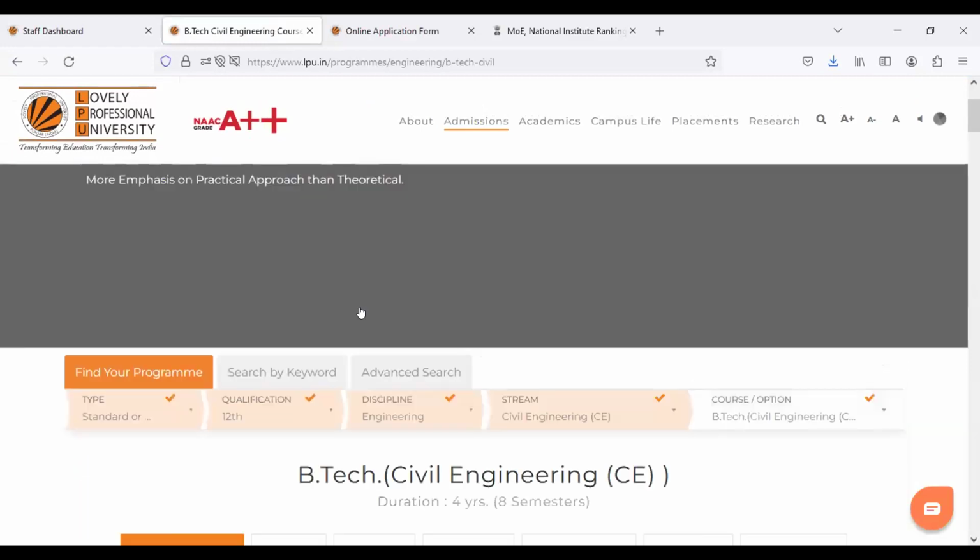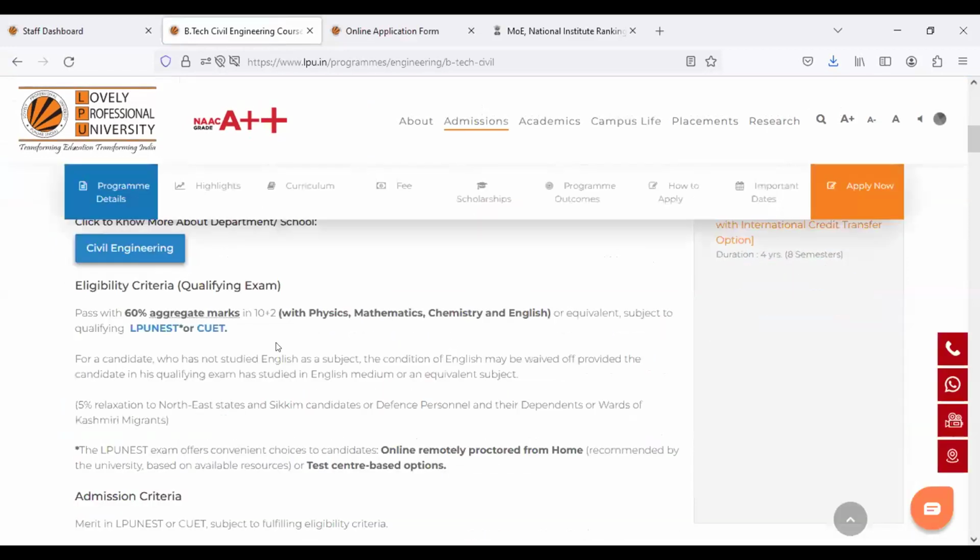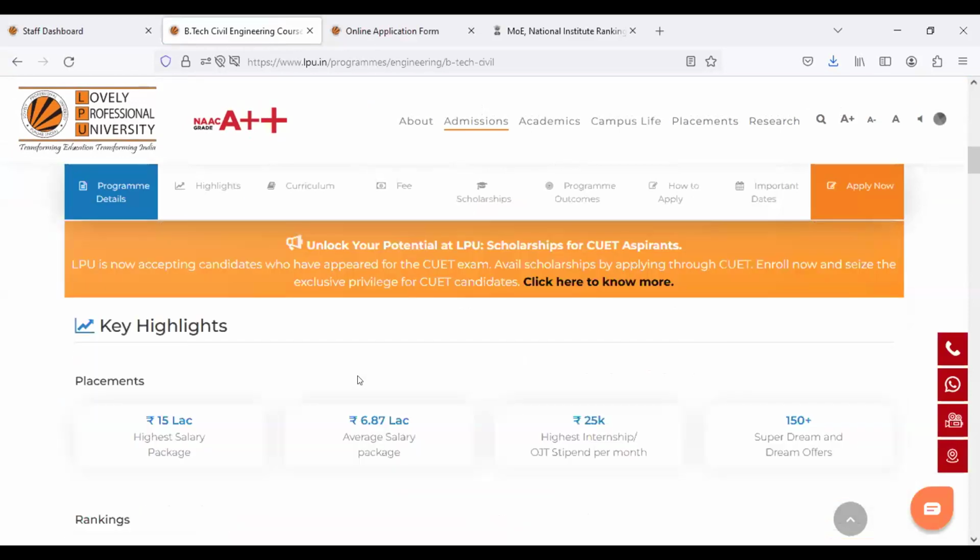Over here, you get to know all the relevant details regarding the BTech civil engineering, like the eligibility criteria for the program, and then there is a curriculum over here.